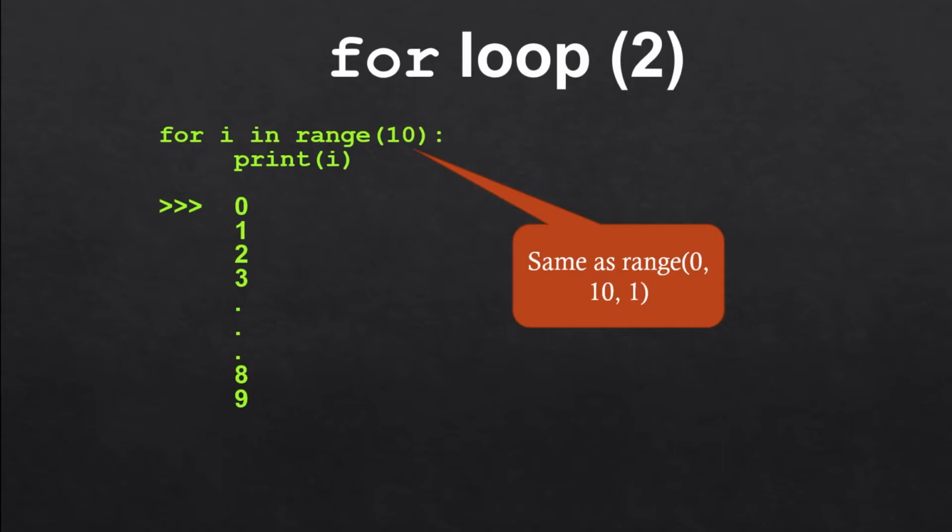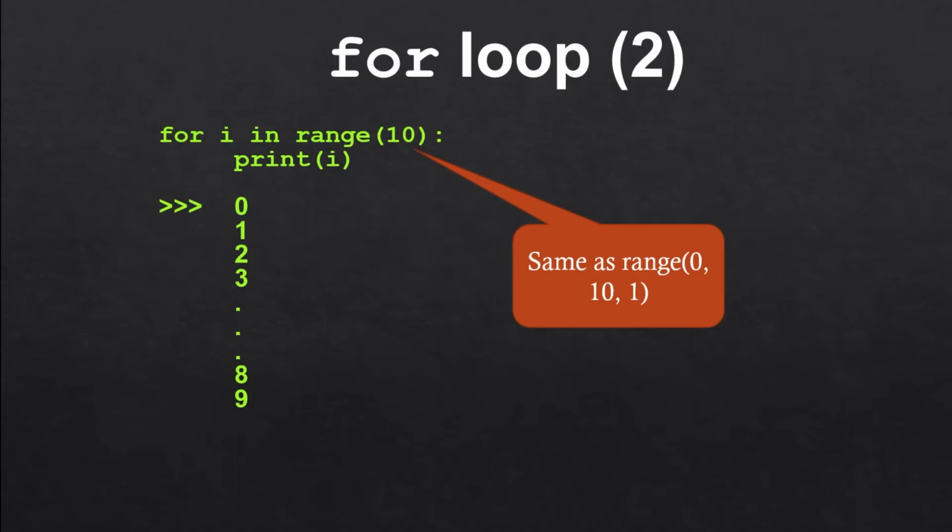Let's look at this code: for i in range 10, print i. When you only specify one number here, this is the same as range 0 to 10 step 1. So I'm printing 0, 1, 2, 3, 4, 5, 6, 7, 8, 9. i will stop at 9 because it stops at 10 minus 1.